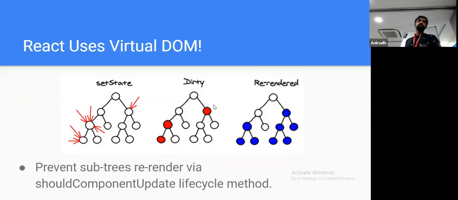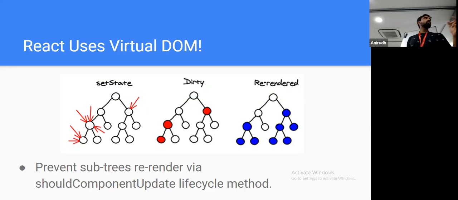So if you see the leftmost tree, that is the in-memory representation of the DOM. Suppose for these three DOM elements, a setState method is called. That makes the particular DOM element dirty, and all the child nodes are then re-rendered.